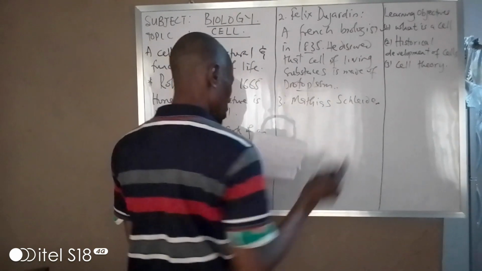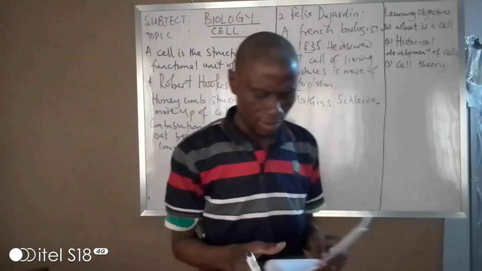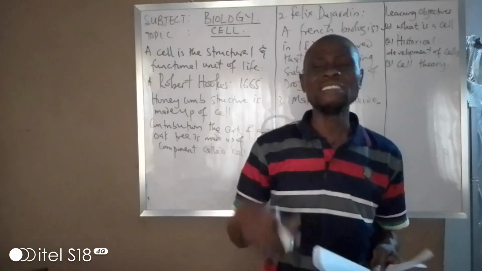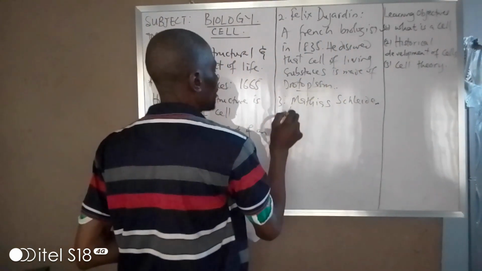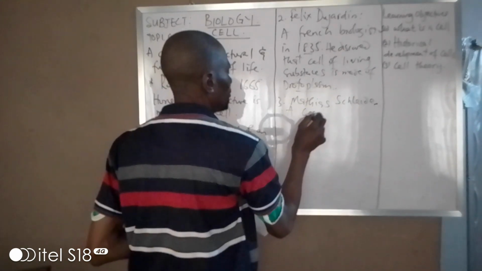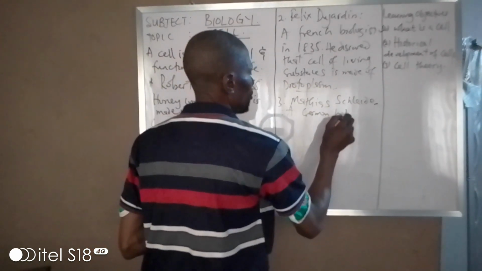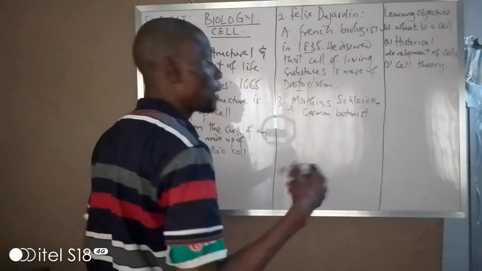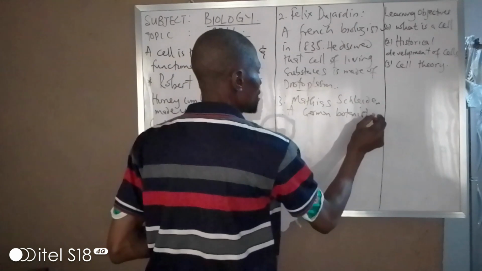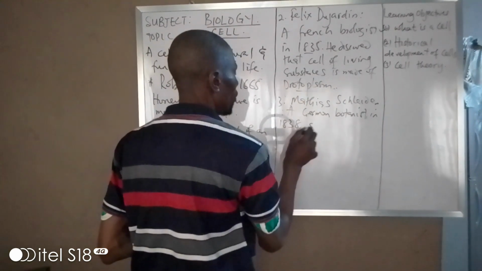Schneider. He is a German botanist, in 1838. When you say a botanist, it is somebody who studies plants. What did he do?